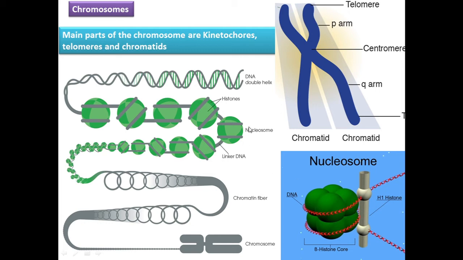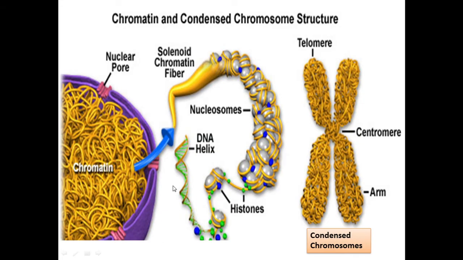Here you can see this is the nucleosome and this is the linker DNA. So the DNA is wrapped around these nucleosomes. Then these nucleosomes condense to form the chromatin fiber, and the fiber forms the chromosomes. Here you can see with ease: this is the chromatin looking like noodles, but these are not noodles, these are chromatin. And how does this chromatin arrange to form the chromosome?